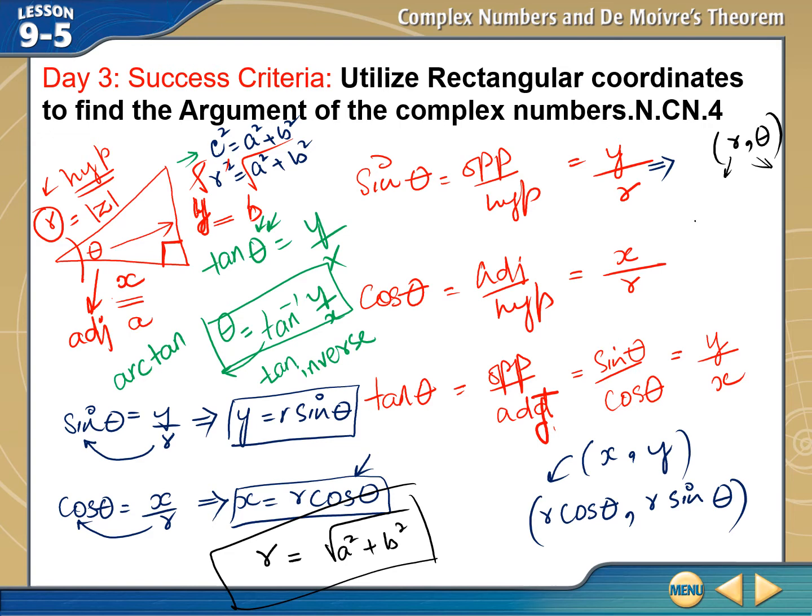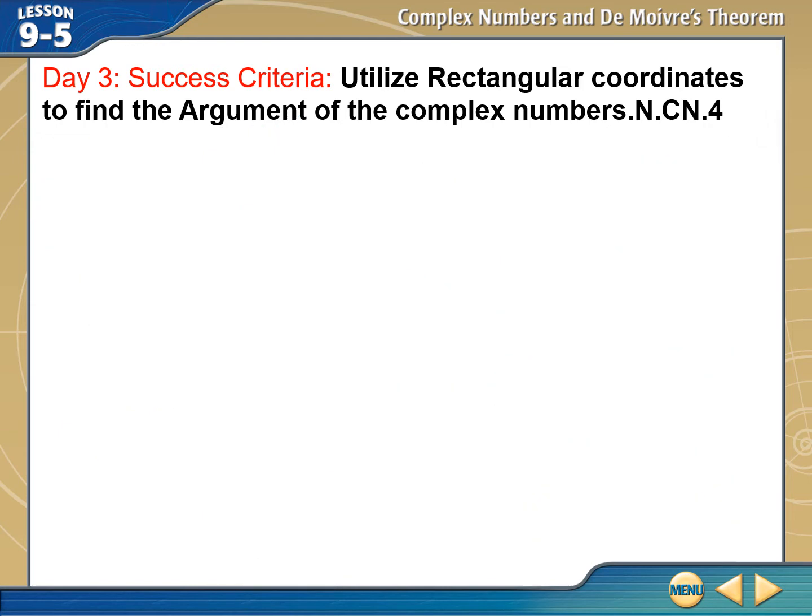Now let's practice, and before that we will see one more time that in order to change the rectangular form into the polar coordinates, we need the r and the theta.